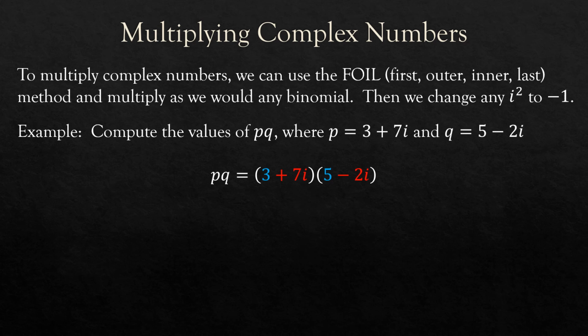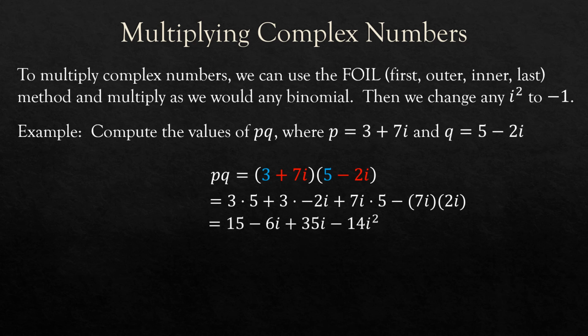So the quantity 3 plus 7i times the quantity 5 minus 2i. If I use FOIL, I have the first, so 3 times 5. The outer terms are 3 times negative 2i. The inner terms are 7i times 5. And finally, the last terms are 7i times negative 2i.